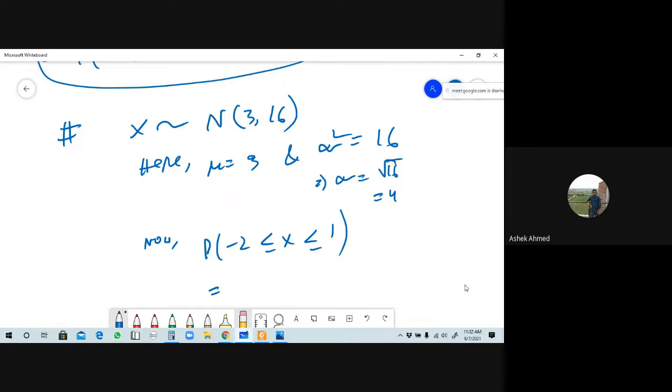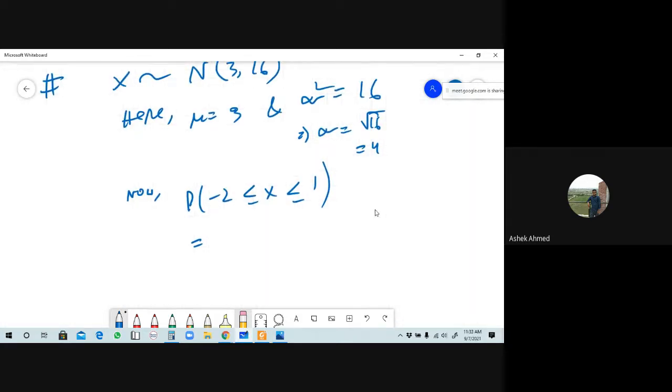Okay. So from here, tell me this x. Okay, so at first you have to convert this x into z. Is it right? At first you have to convert x into z. How can you convert this?